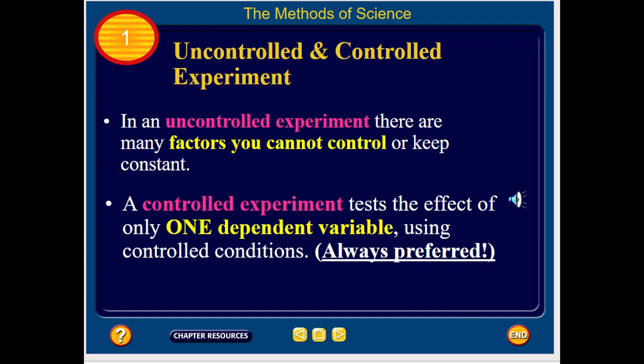A controlled experiment tests the effect of only one dependent variable using controlled conditions. This is always preferred and always your best option. A controlled experiment is always preferred to test your hypothesis, and a controlled experiment has only one variable.